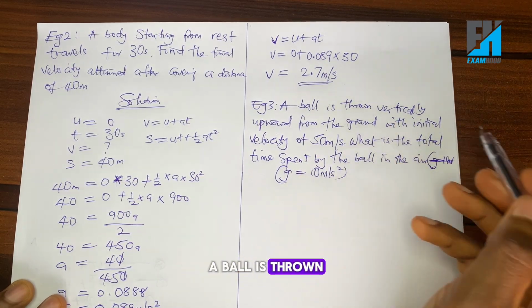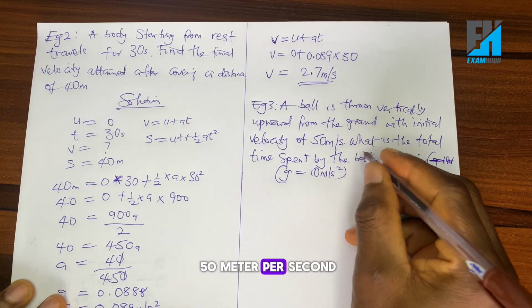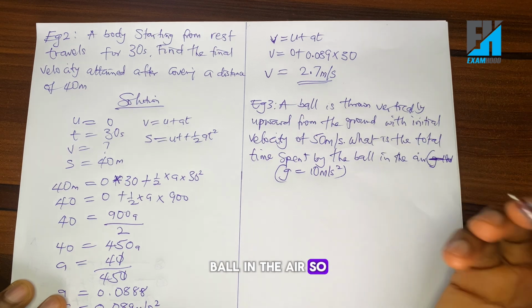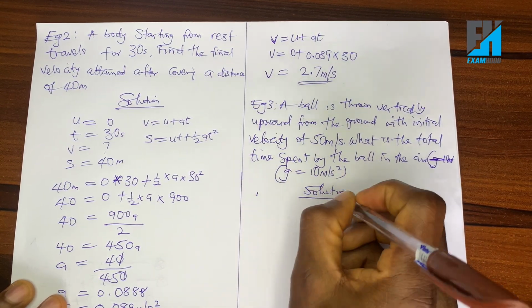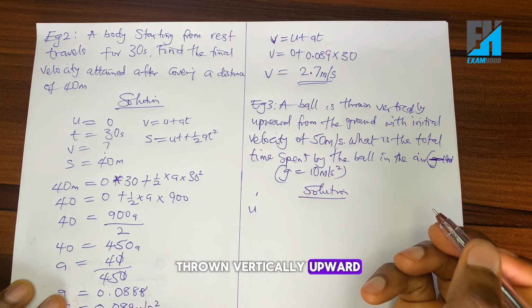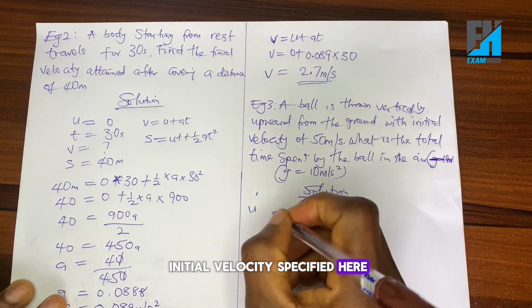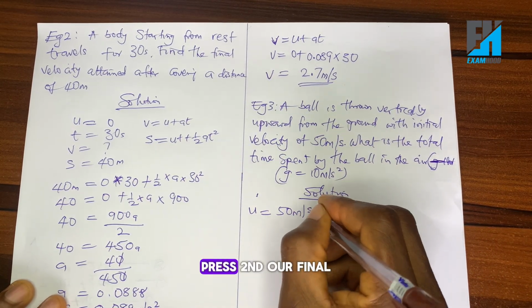A ball is thrown vertically upward from the ground with an initial velocity of 50 meters per second. What is the total time spent by the ball in the air? So we need to bring out our parameters. Solution. u, the initial velocity, is 50 meters per second.